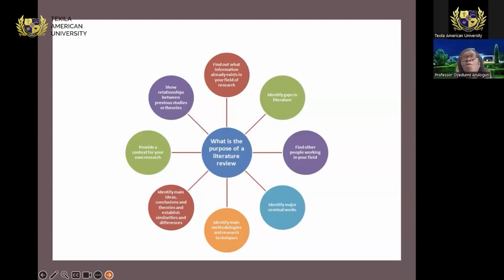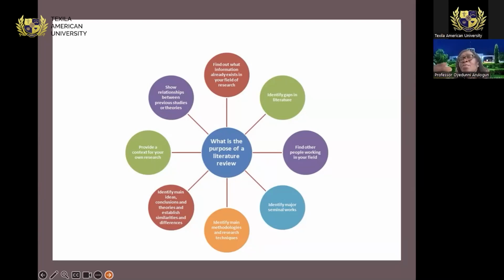Yes, people have worked on utilization of reproductive health services among young people. What else have people not looked at? Yes, people have talked about utilization of cancer preventive services, screening services among men or women. Yes, a lot of work has been done.